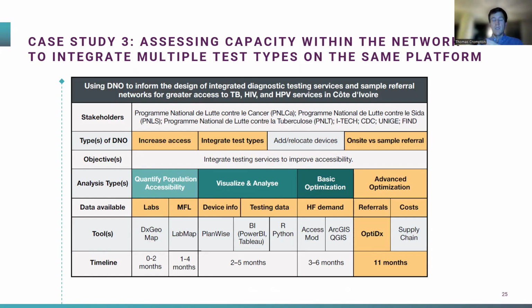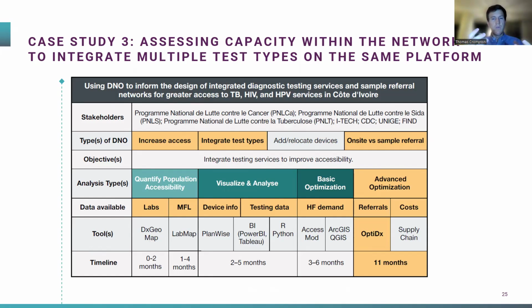They had information on how many tests could be done, the health facility demand, so how many tests were expected for TB, HIV, HPV at each health facility across the country, how the referrals work, and the costs of each of these devices. And this was put into a specifically designed DNO tool called OptiDX, which can solve the most complicated of optimization problems.